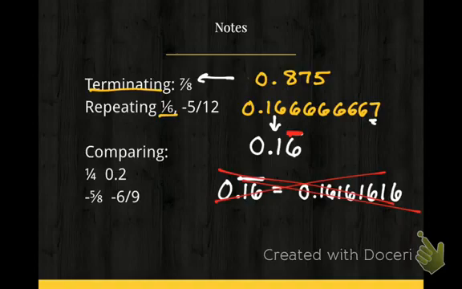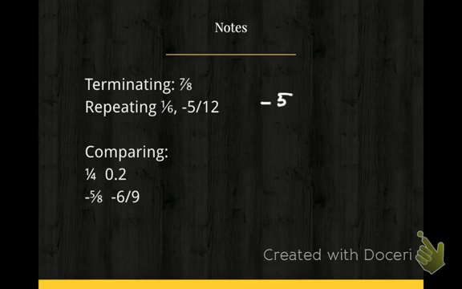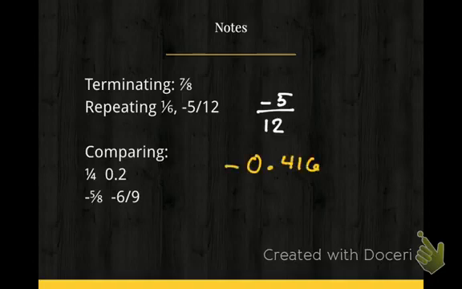All right, let's take a look at the last one in our repeating examples here, -5/12. In your calculator, we're going to type in -5 divided by 12. The negative sign should be down by your 0 and your decimal point at the bottom. You should get something like -0.41666666666667.